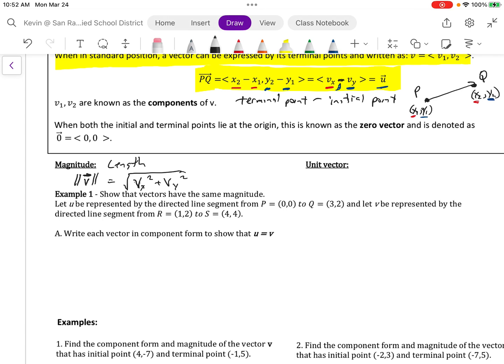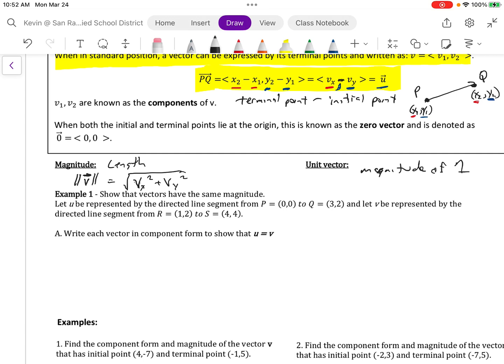You'll see that a bit more in a minute. And a unit vector has a magnitude of 1. We will talk about unit vectors.